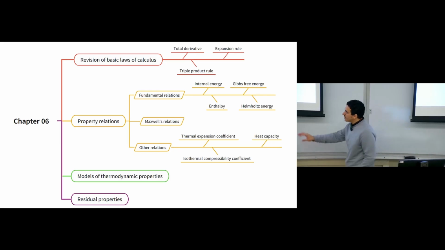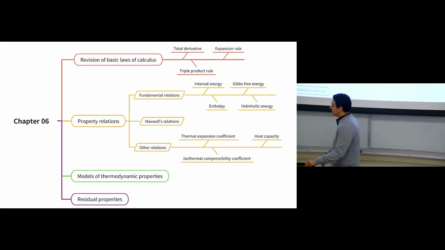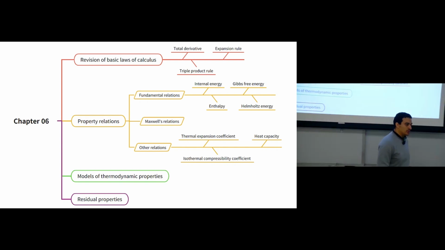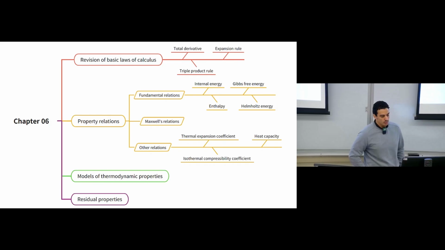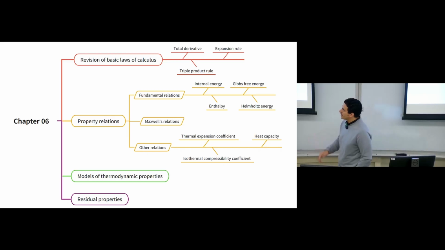And in order to derive these thermodynamic models, we have some relations that we need to start with. We explained some basic laws of calculus: the total derivative, expansion rule, and triple product rule. Then we explained some property relations, like the fundamental property relations and Maxwell relations.